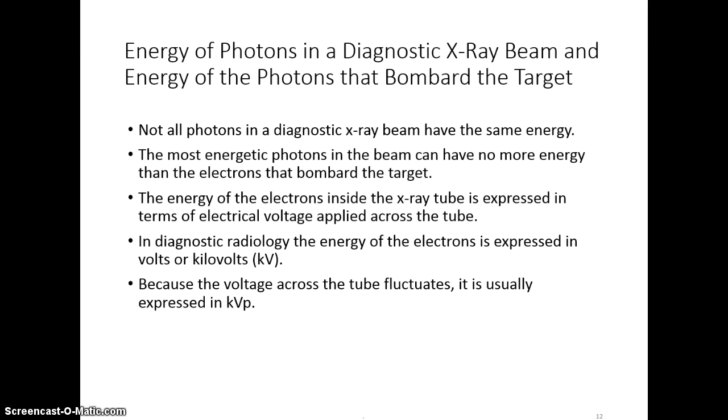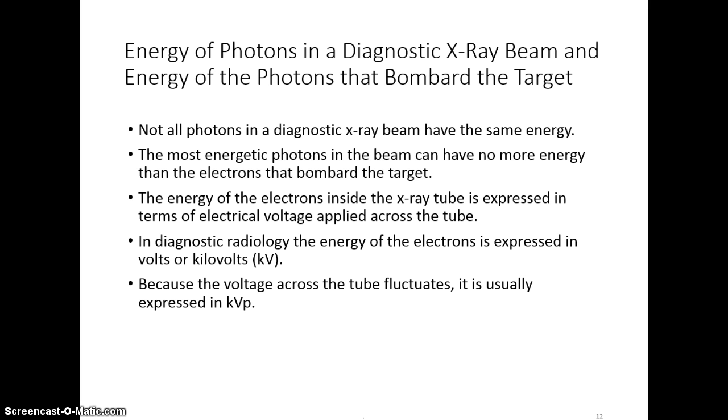Whenever you're setting kVp, again, it's kilovoltage peak, and later on in physics and later on in the semester we're going to talk in more detail about kVp, but the kVp is going to fluctuate as the voltage goes across the tube.